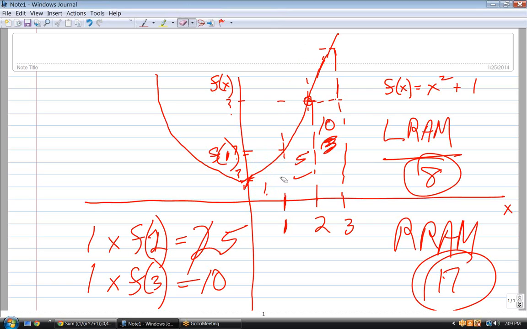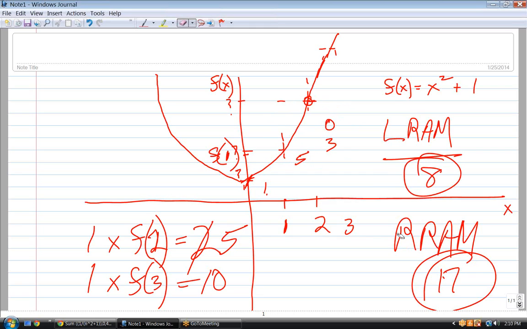There's a third method that generally is more accurate. The fact that left RAM under-approximated this curve was because the curve was concave up. If it had been concave down, left RAM would have over-approximated it, and right RAM would have under-approximated it. So you can't always say which will do a better job. It depends on the shape of the curve.